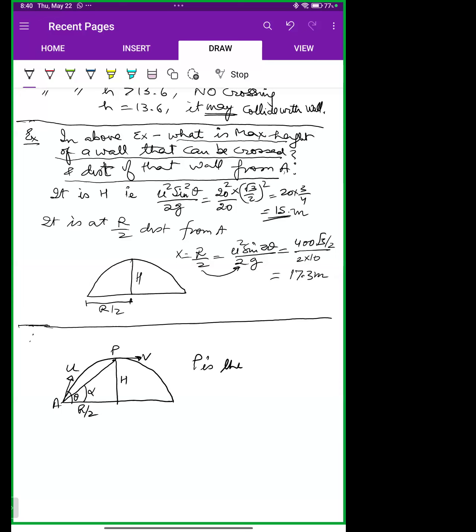P is the point where projectile is at maximum height. What is angle alpha made by line AP with horizontal?